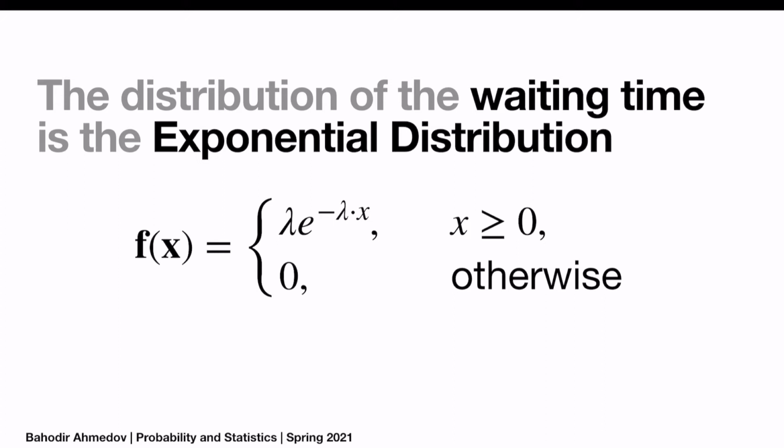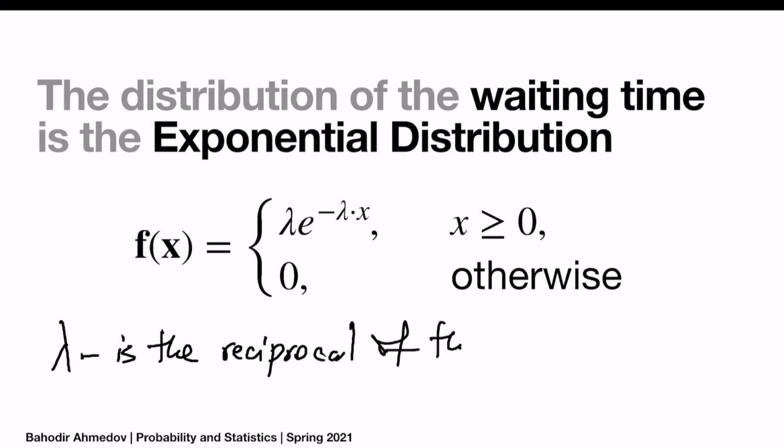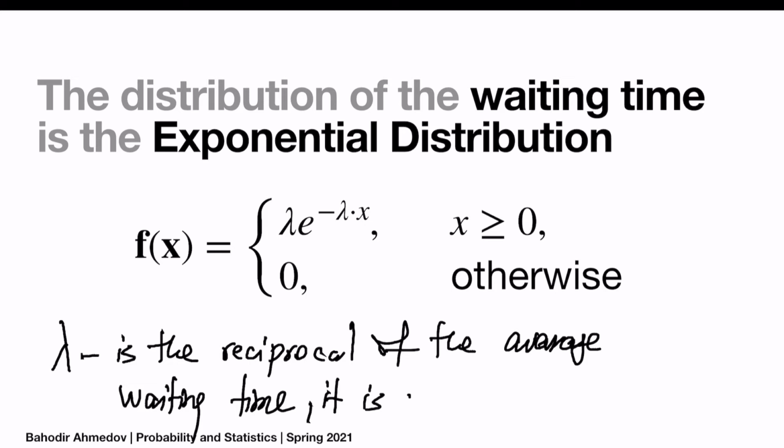So the lambda is the reciprocal of the average waiting time. Okay, so it is called a rate.